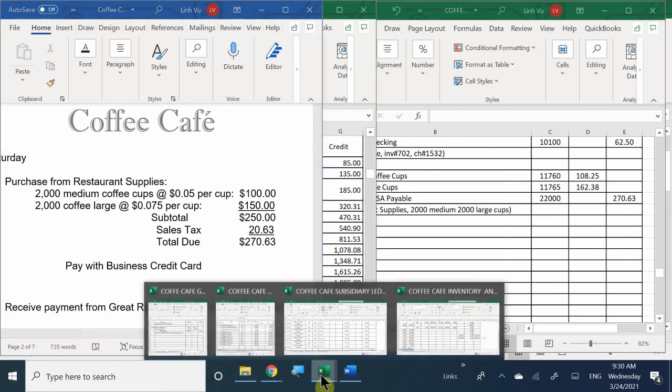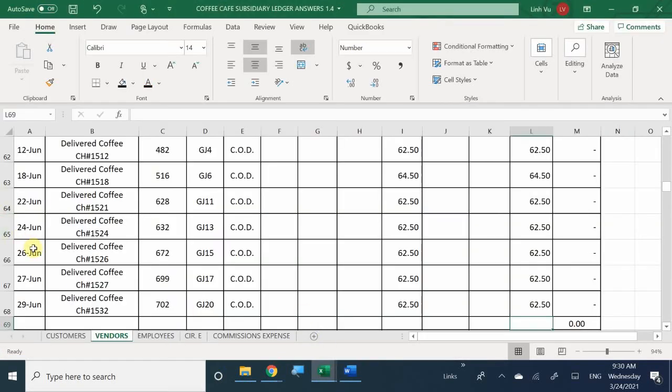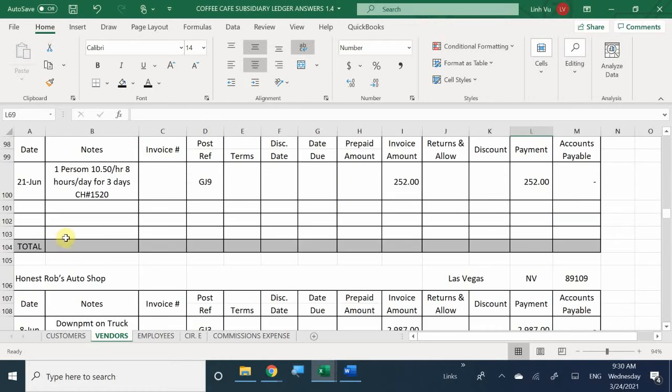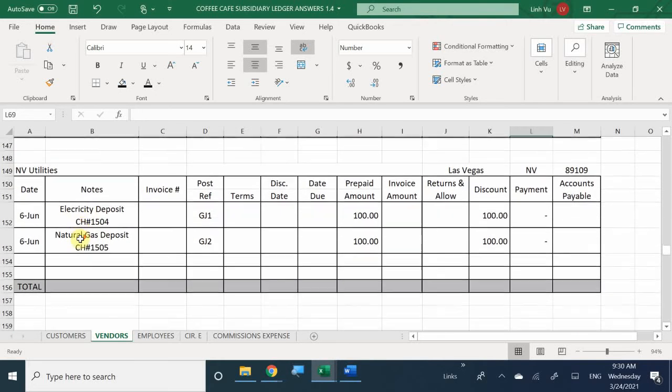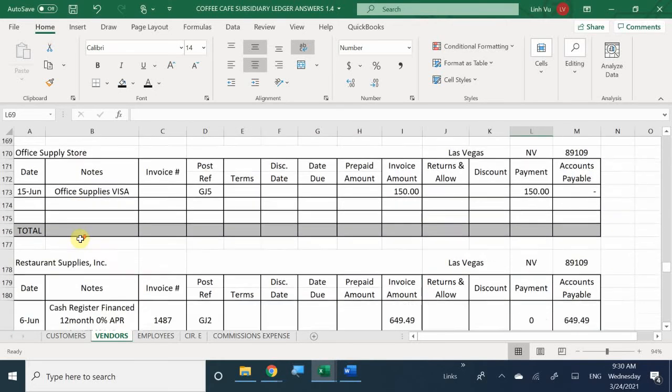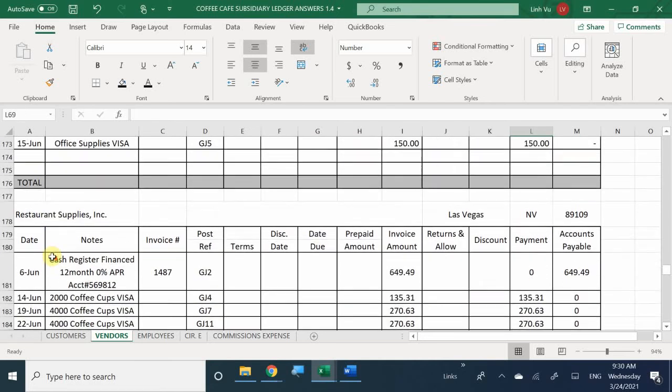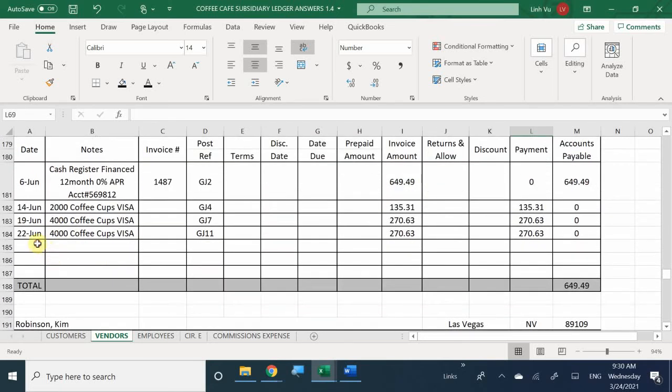Subsidiary. Good. So we're going to go to restaurant supplies. Let's take a look. Restaurant supplies incorporated right here. 629. 4,000 coffee cups.